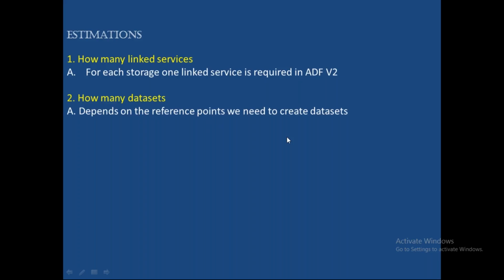If you want to write both outputs into a single folder, you can have a single output dataset. But for two different folders, you need two output datasets. So in this case, we have one input dataset and two output datasets.